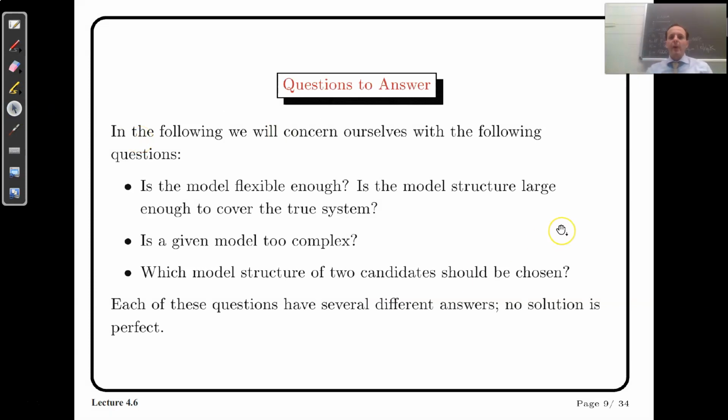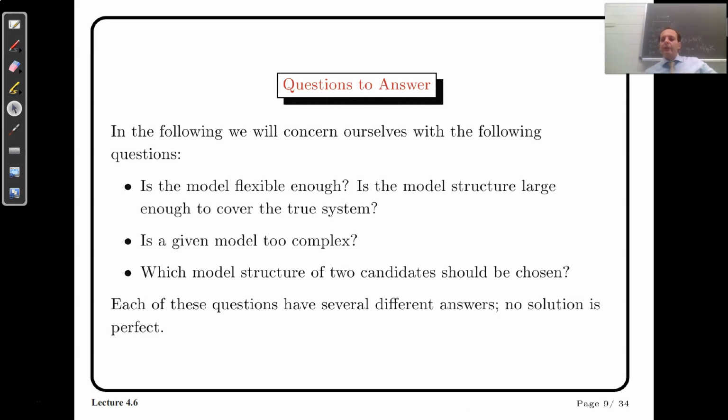So there are some questions to answer. In particular, is the model structure flexible enough and large enough to cover all the possible working conditions of your system, or, on the other hand, is the model too complex?